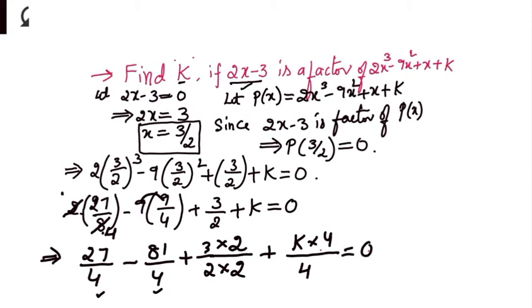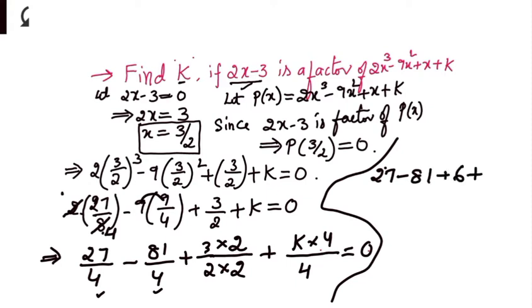Now just see what you will get: 27 by 4 here, 27 minus 81 plus 3 2s are 6 plus 4 into k, that becomes 4k. Total by 4 we can write, that is equal to 0. Are you observing?